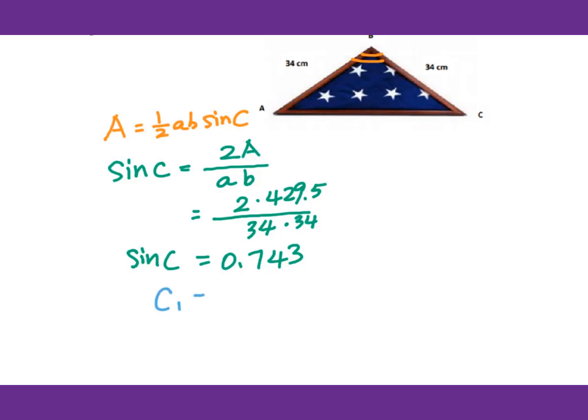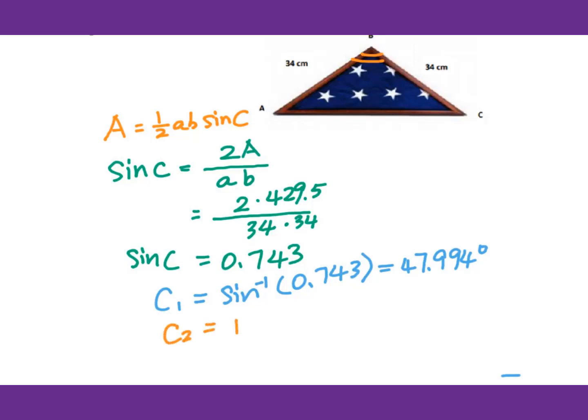Therefore, C1 equals inverse sine 0.743. You will get 47.994 degrees. For the obtuse angle, it equals 180 degrees minus C1. You will get 132.006 degrees.